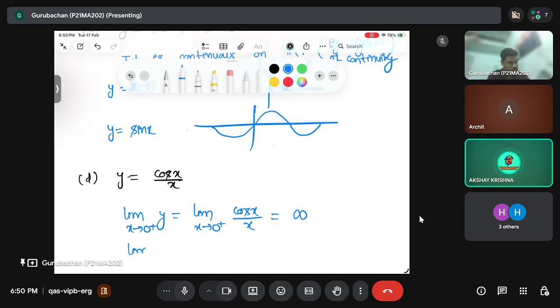No, in both sides it is negative infinite and infinite. In case of cos x divided by x, the limit itself will not exist. So infinite discontinuity at x equal to 0. Moreover to that, domain of this function is R minus 0. Is it clear?